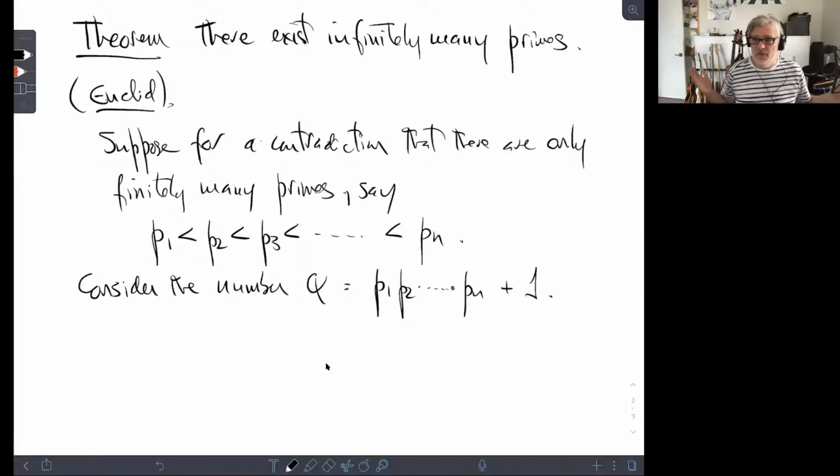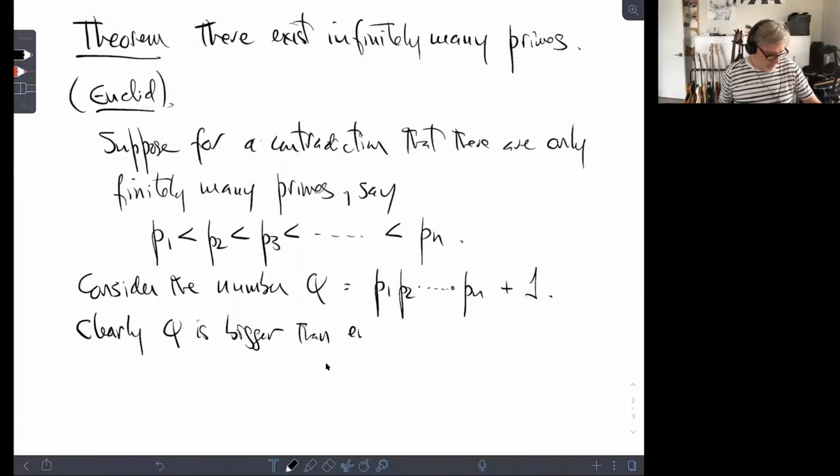It has to be bigger, right? You're multiplying all these numbers together and adding 1. So hopefully it is clear that Q is bigger than every Pi. Everybody is with me on that?